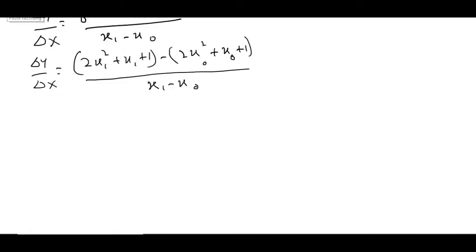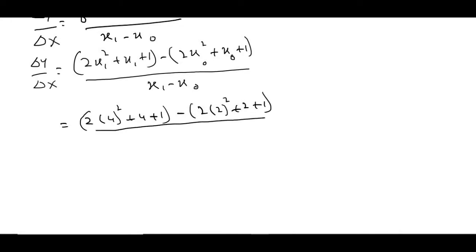Now putting the values of x1 and x0, 2 into 4 whole square plus 4 plus 1 minus 2 into 2 square plus 2 plus 1 whole divided by 4 minus 2.